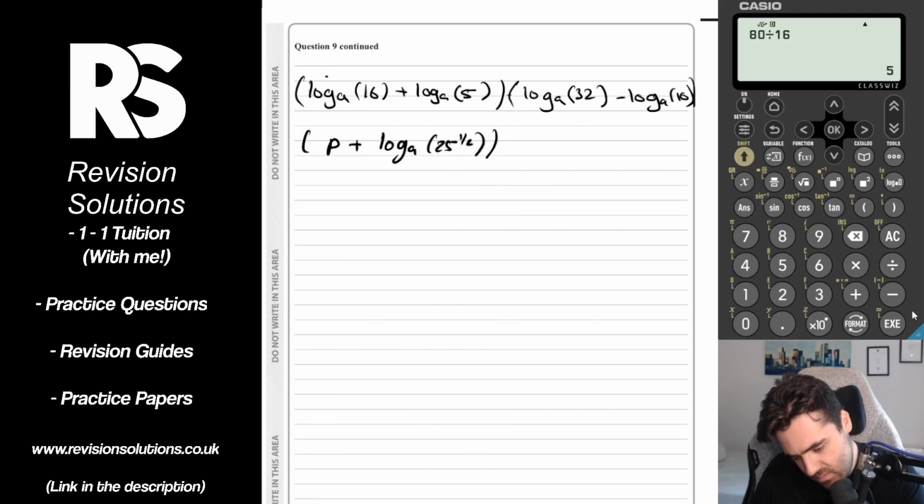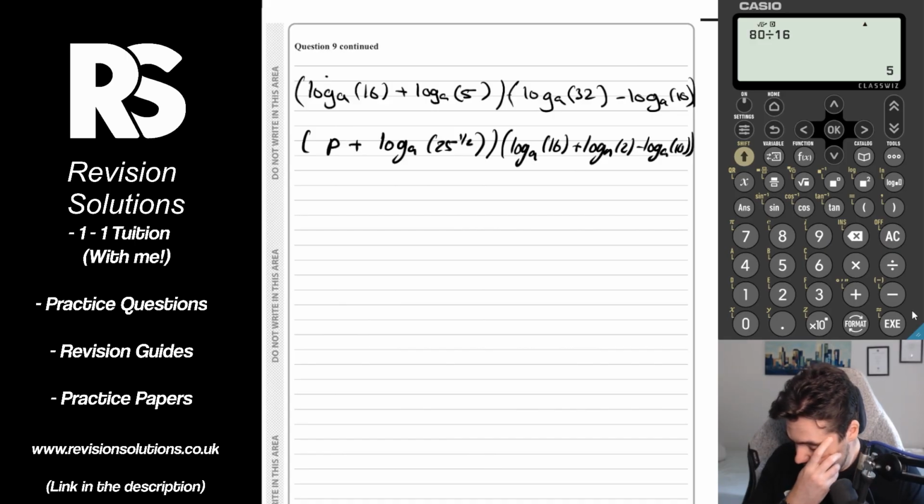And then 32 is 16 times 2, so we can split that guy up again. That's log base A of 16 plus log base A of 2 minus log base A of 10. So we can simplify this a bit more now.